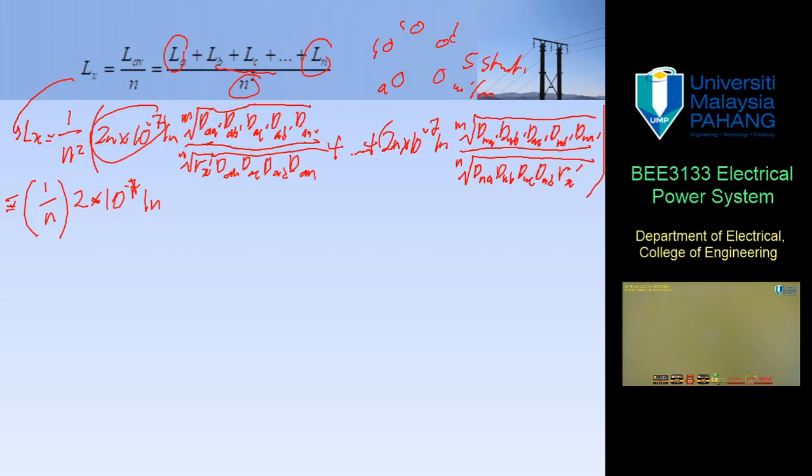Down here, you need to multiply, because this plus 2 and multiply with 10 to minus 7 for the case of B, C, and D. So that's why the easiest way to write it is to do like this.